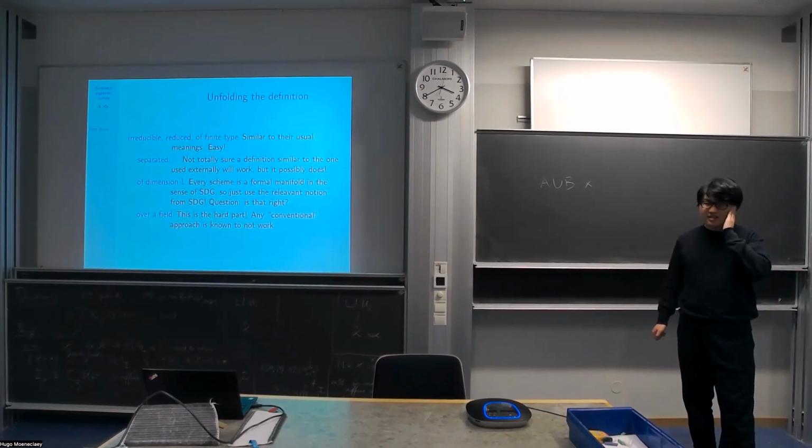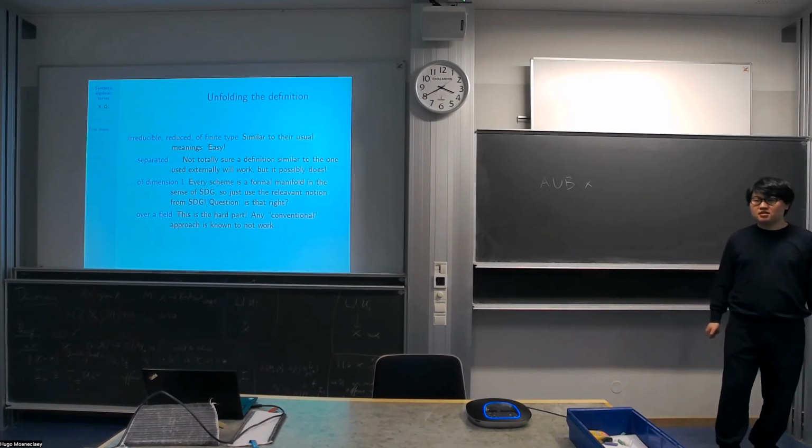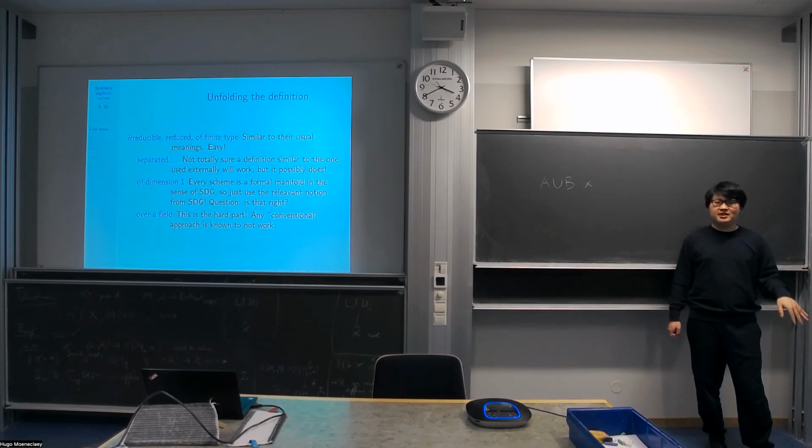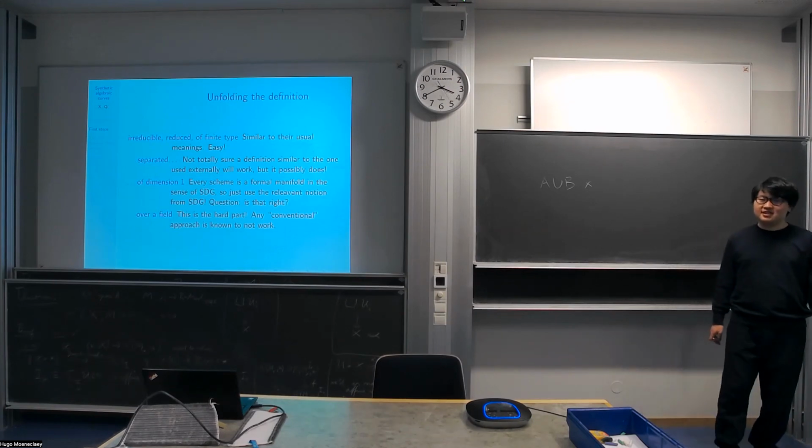Which is one of the classical things. And it turned out a couple of the classical equivalent ways of saying irreducible work, at least when you're basically working only over the implicit base ring.